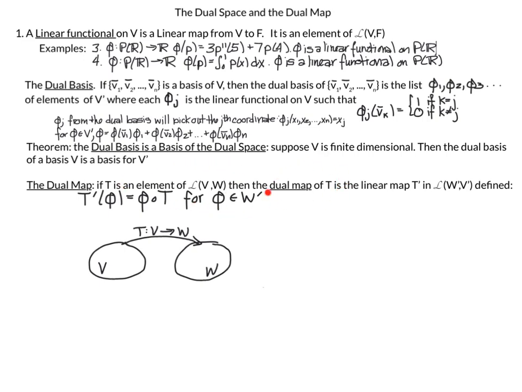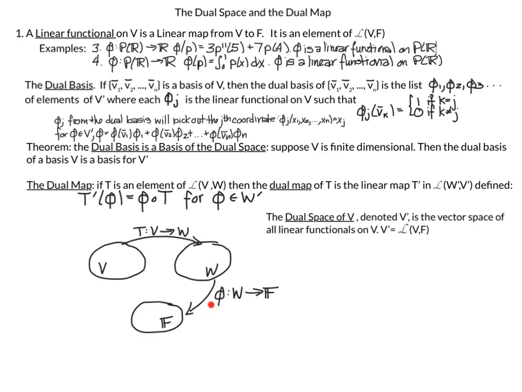We get to defining next the dual map of T. We'll name that T prime, and that is in the set of linear maps from the dual space of W to the dual space of V. Remember, the dual space is the set of linear functionals from V to F. So the dual space of W is the set of linear functionals from W to F. Here I represent this with phi going from W to F. So this is part of the dual space, this W prime.